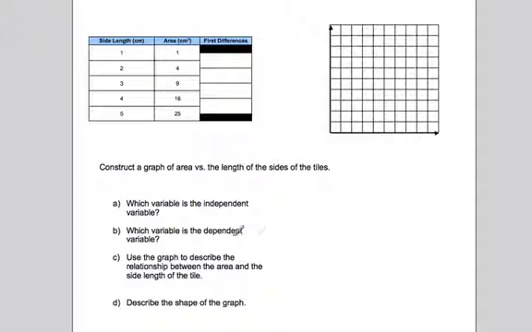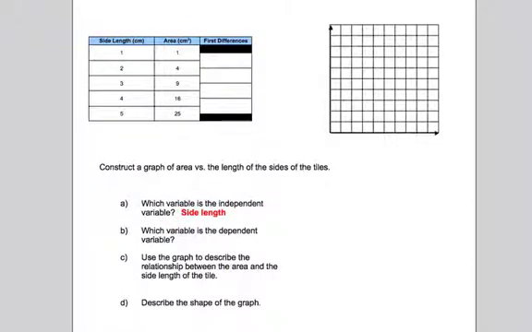So that means area is the dependent variable and side length is the independent variable. So when we graph this, we're going to title this area of a square, area of the tile.